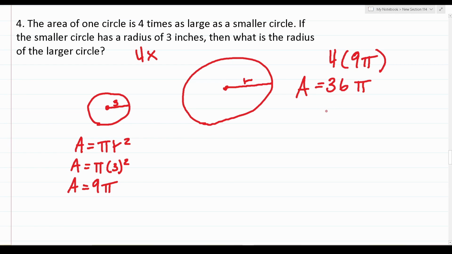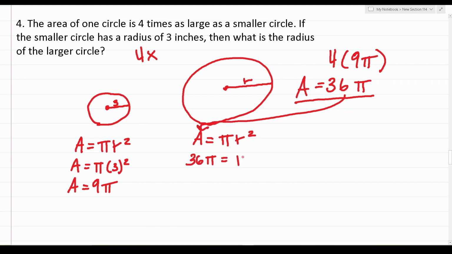And we saw previously that if we know the area of a circle, we can find its radius. Again, the area of this big circle would be pi r squared. We know that this big circle has an area of 36 pi. So in place of a here, I'm going to put 36 pi equals pi r squared.